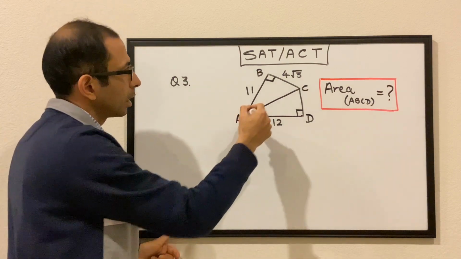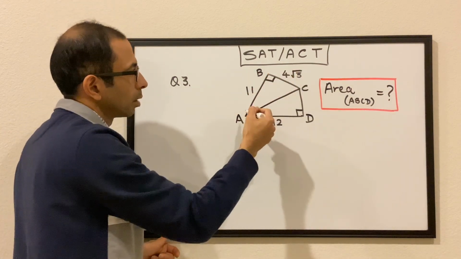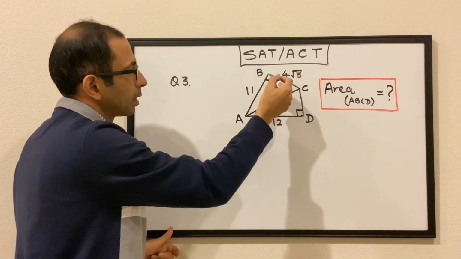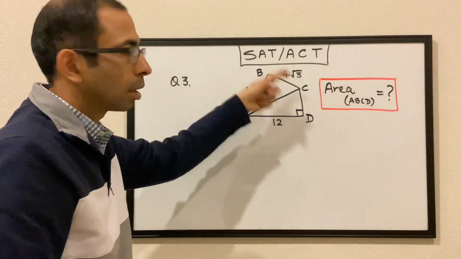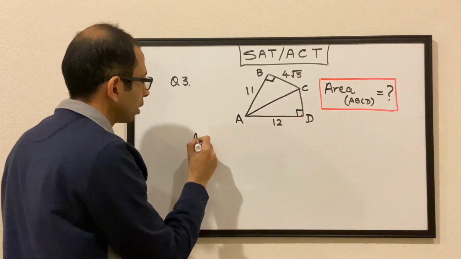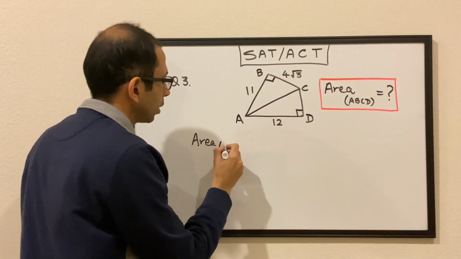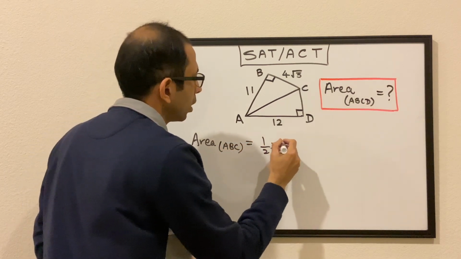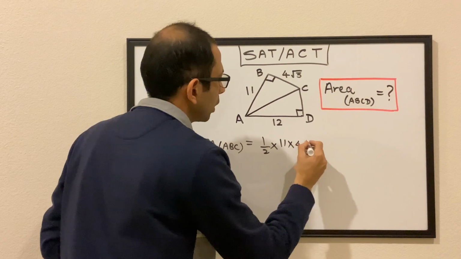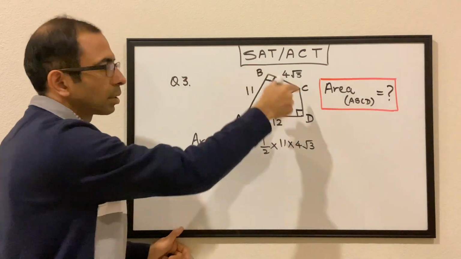Now, as far as the area of the triangle ABC is concerned, this angle is 90 degrees, so we can consider this as the base and this is the height. So the area of triangle ABC is half times 11 times 4 root 3, half times base times height.